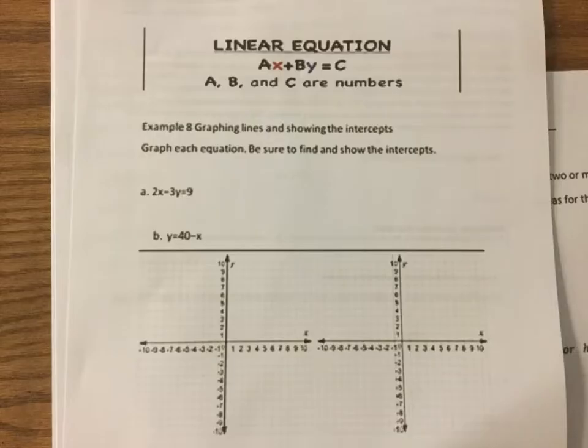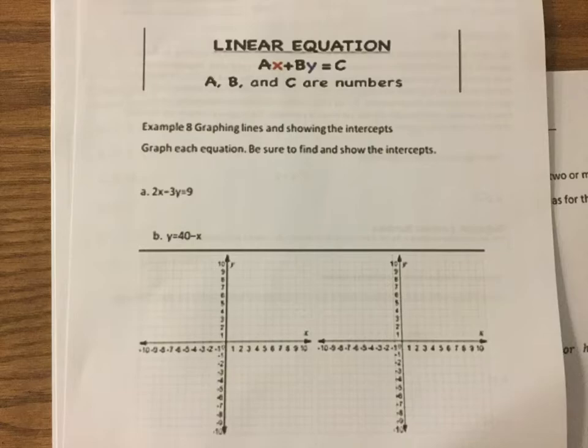Okay. Last couple problems here, so let's try to get them finished. I think we may have just enough time. We've got linear equations here, so we're going to be graphing lines. So right now, they're in standard form, right? ax plus by equals c. And we're told to graph lines showing intercepts. Then it says to graph each equation, be sure to find and show the intercepts.